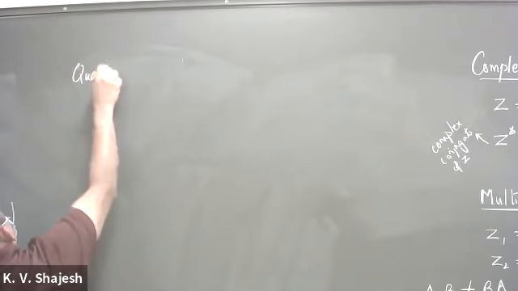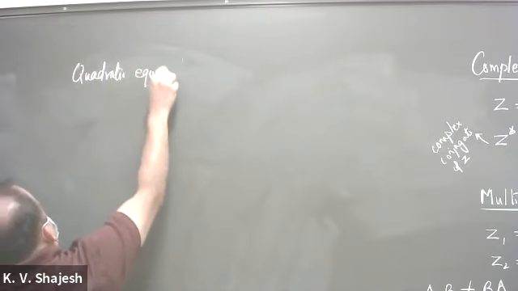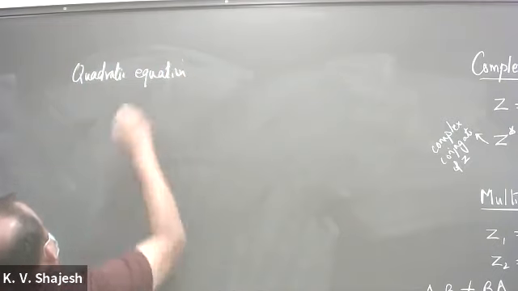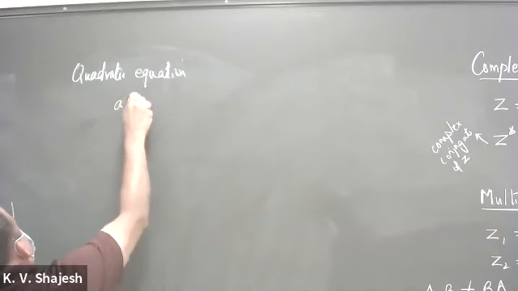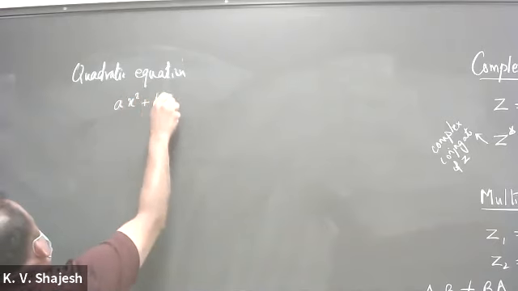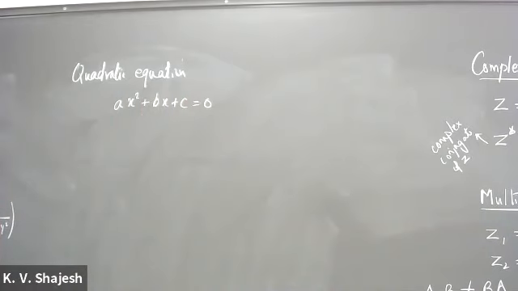Let's begin with the quadratic equation. And when we say roots of a quadratic equation, what we mean is that, okay, give me this. That's a general quadratic equation. And what is x now? If I tell you that this is equal to 0, what is x?